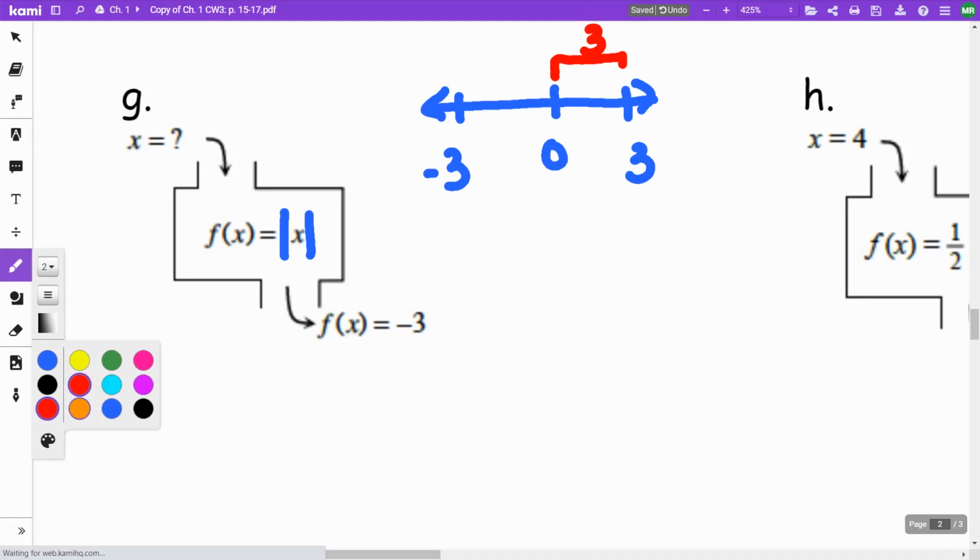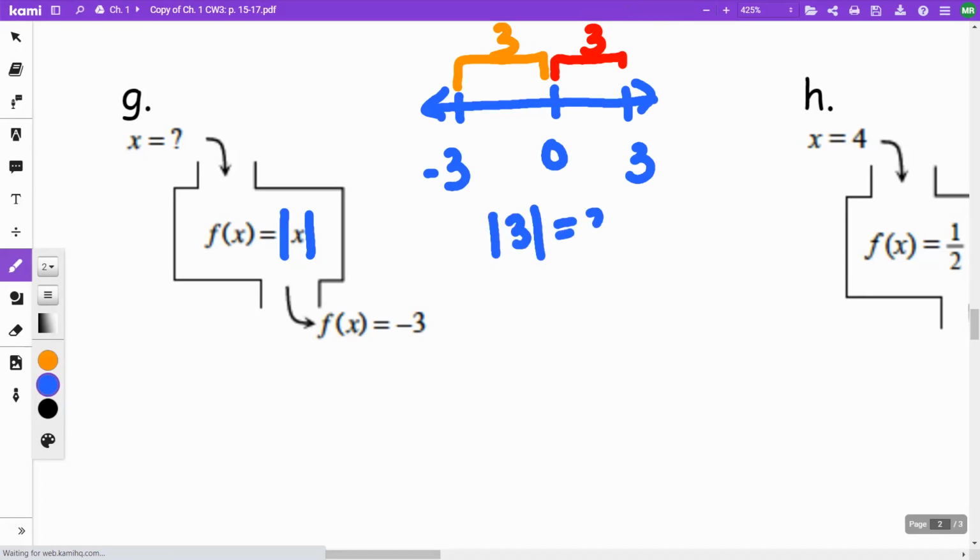So 3 is 3 away from 0. But the distance from here to here is also 3. So the distance from negative 3 to 0 is also 3. So what happens is, if I'm taking the absolute value of 3, I get a positive 3. If I'm taking the absolute value of a negative 3, I also get a positive 3.